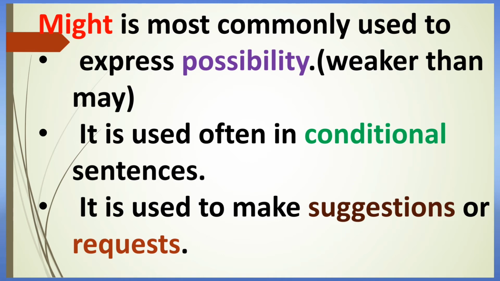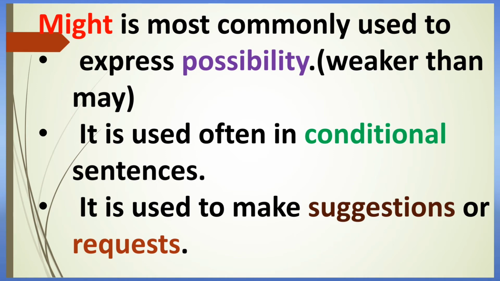Now the modal might is for 50% of the possibility. The next function of might is that it is often used in conditional sentences. And one more thing, might is used to make suggestions or requests.